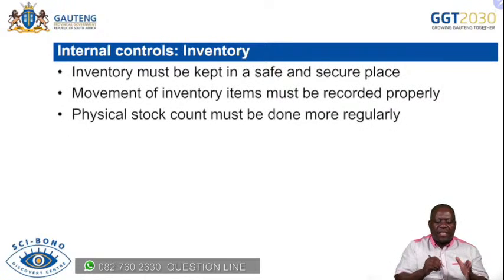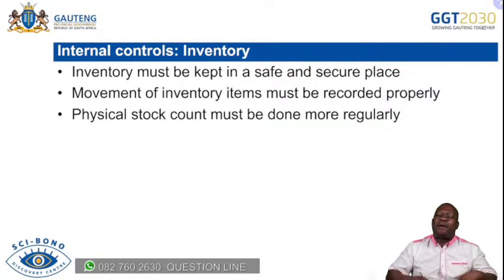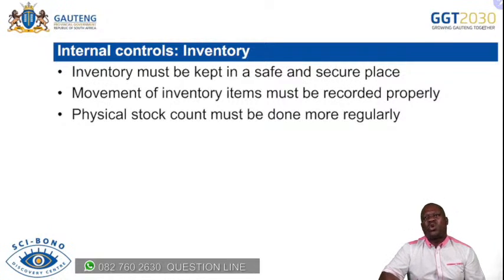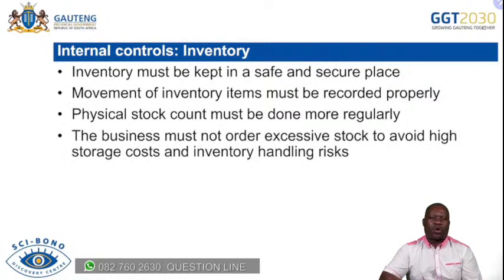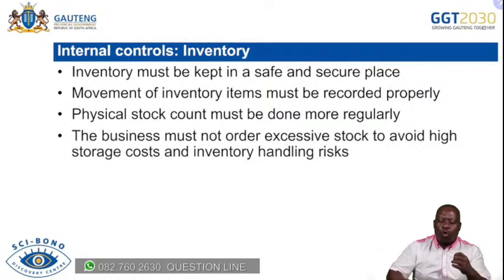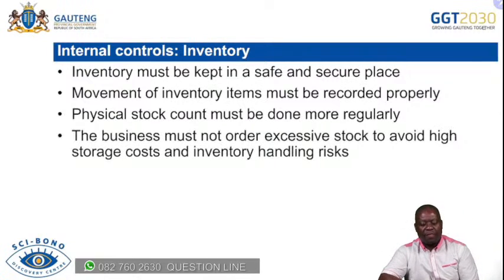And then physical stock count must be done more regularly. Don't wait until 365 days have passed to check the physical stock count. The business must not order excessive stock to avoid high storage costs and inventory handling risks.